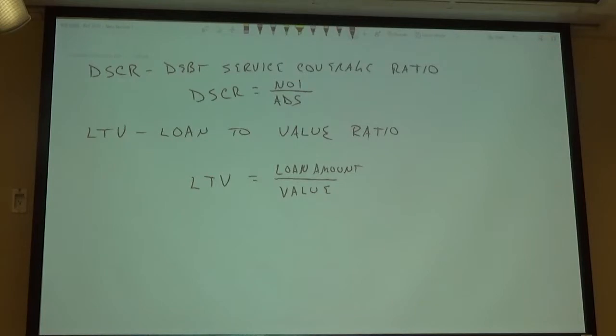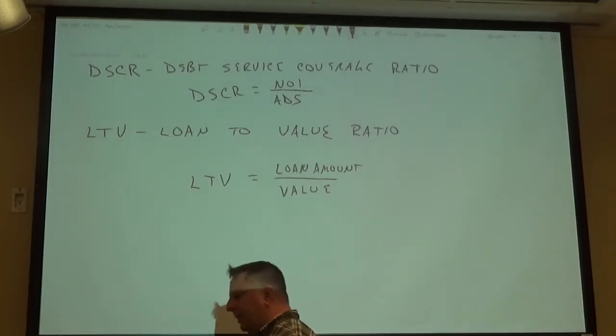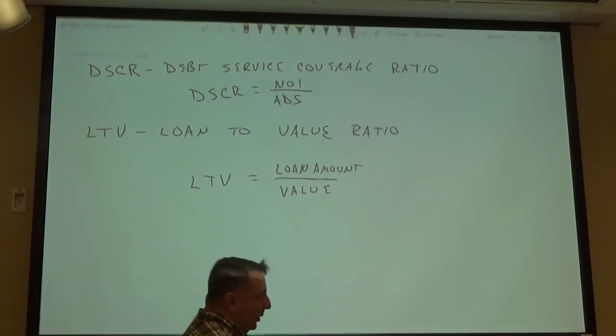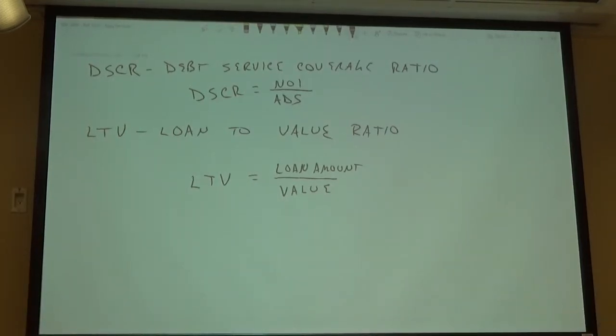These are probably the two most important, fundamental, basic ratios as it relates to real estate finance and going to a lender and obtaining a commercial real estate loan: understanding these two ratios, how they work, and ultimately what they really mean.